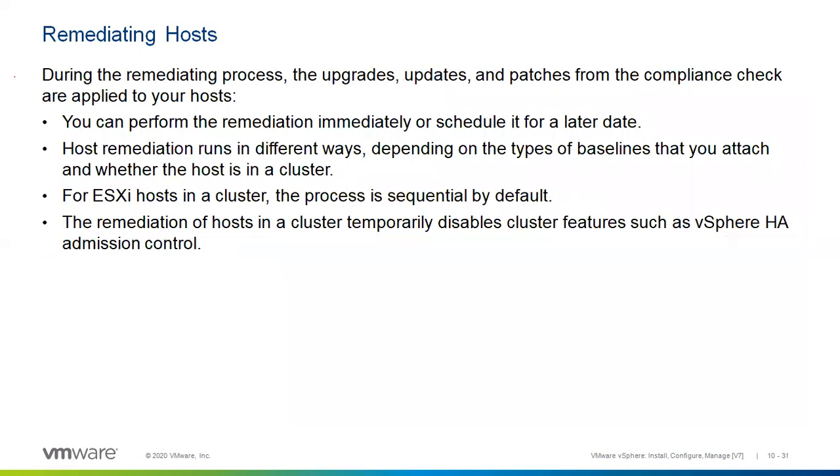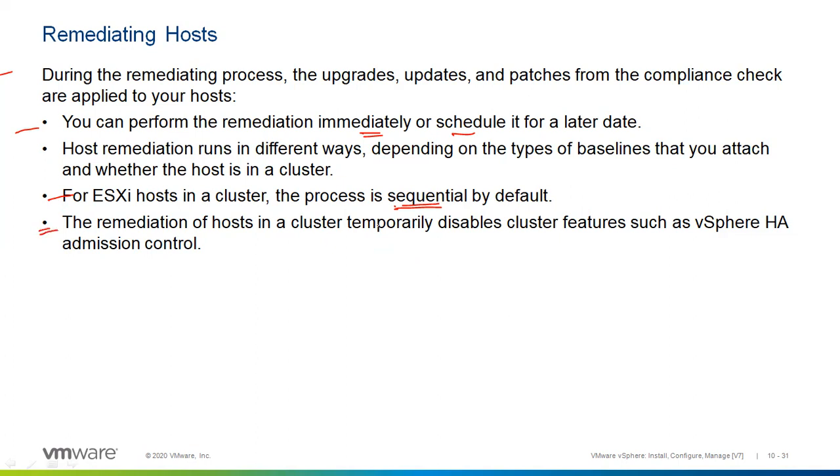So, remediating the host: as I told you, you can select a schedule or do it immediately. If you do it immediately, your updates will start right away, or if you schedule it, it will start on the proper schedule. It will do it sequentially. It will never do hosts in parallel, because it keeps one host in maintenance mode while the rest keep running to balance the cluster and VM workload.